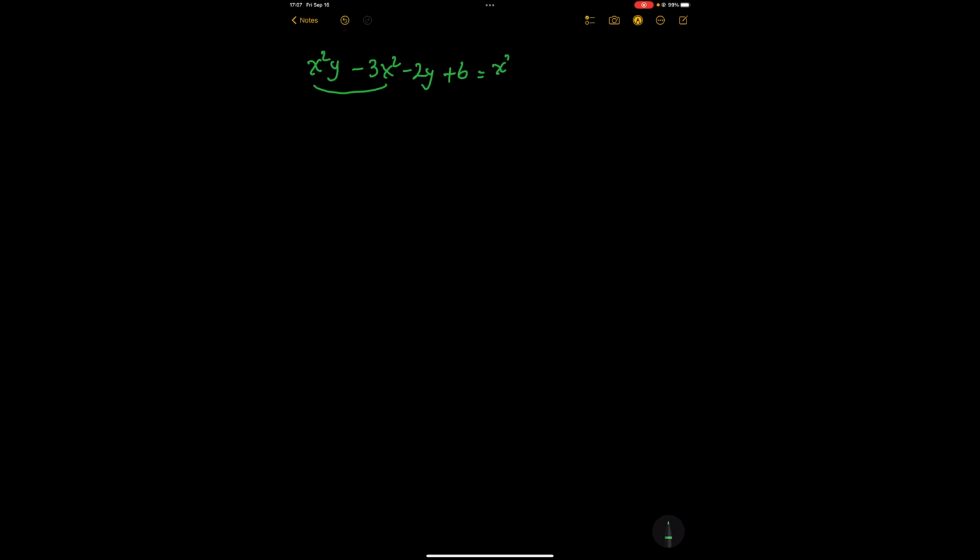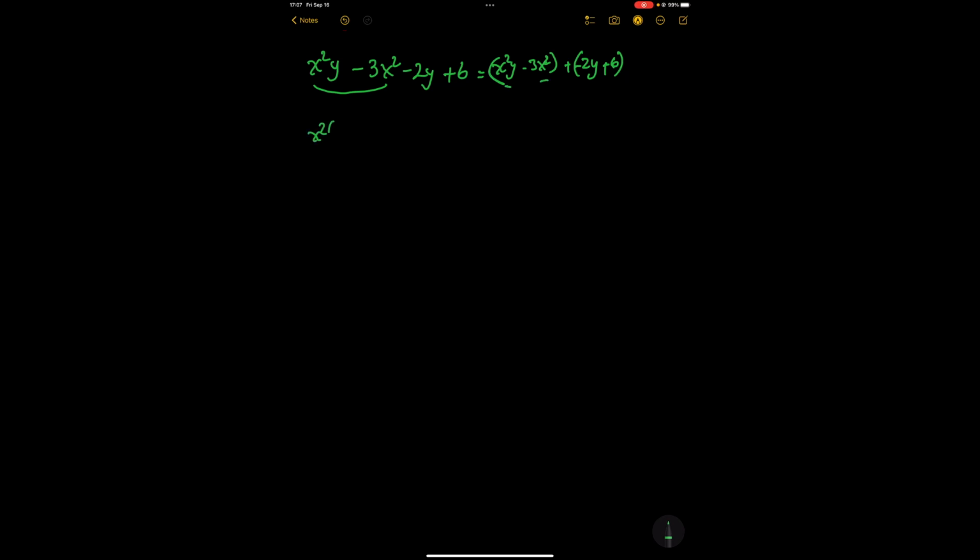That'll be x squared y - 3x squared, plus a negative 2y and then plus 6. Now we're going to have x squared on both sides.